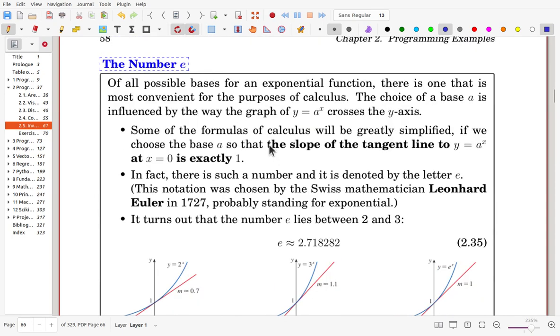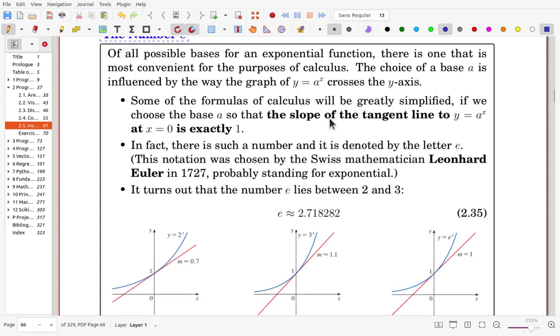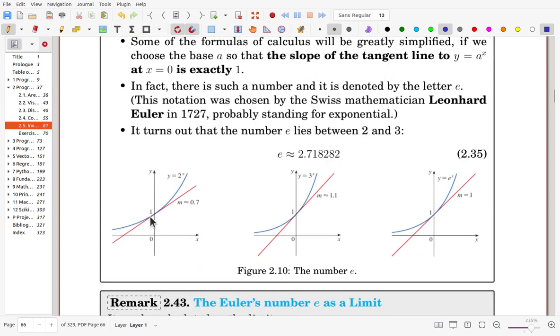Okay, here we will consider what the number e is. e is chosen in this way among y equals a to the x, where a to the x, when x equals 0, the value is 1.